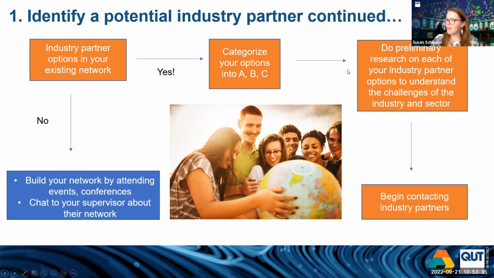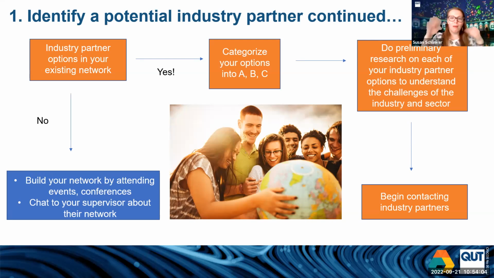Once you've categorized them, do some preliminary research on each of those industry partners to understand who they are, what their core business is, and maybe what some of the challenges are that they're facing in their industry sector. This is so important, and Juliana made such a great point, which is that you need to be able to sell yourself in how you are going to be able to contribute to them.